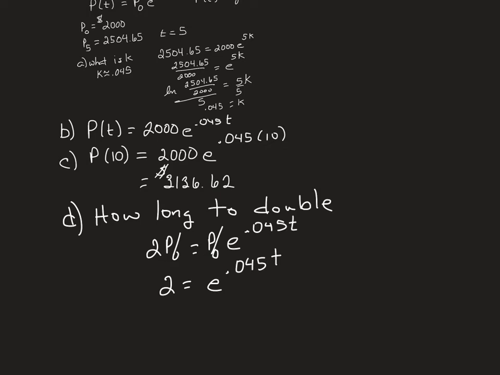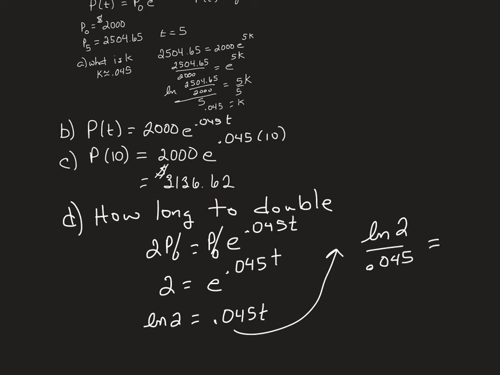Take the natural log of both sides, and we get the natural log of 2 equals 0.045t times the natural log of e, which is 1. So the natural log of 2 divided by 0.045 is equal to t.